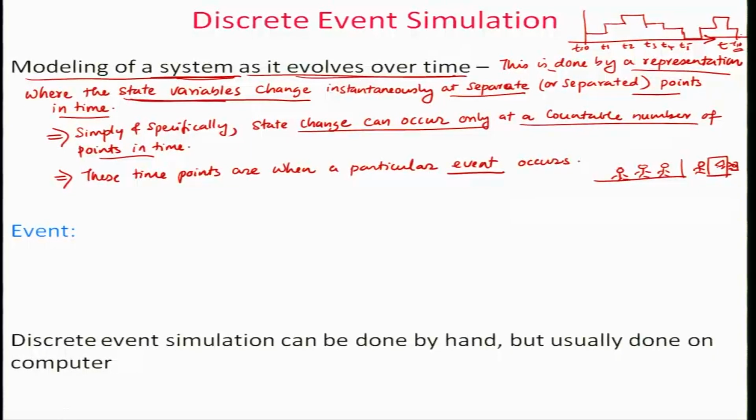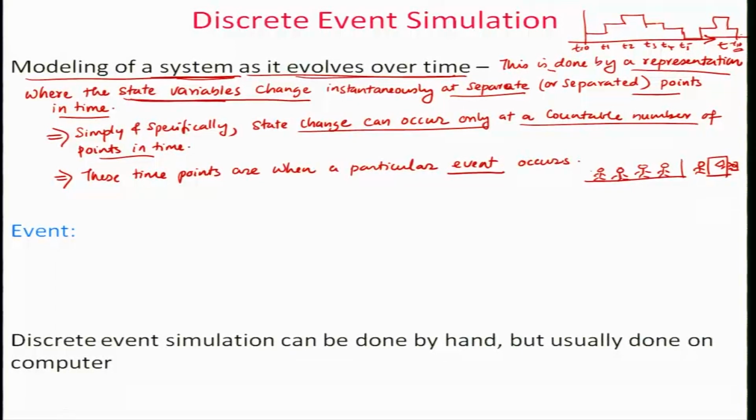So, as of now, the number of people in the system is 4, and let us say one more person came and joined the queue. Then at that time instant, the system state changes, because now the number of people in the system becomes 4 plus 1, 5, and from that time onwards until the next person comes or the person leaves, the state of the system continues to be in the same place.